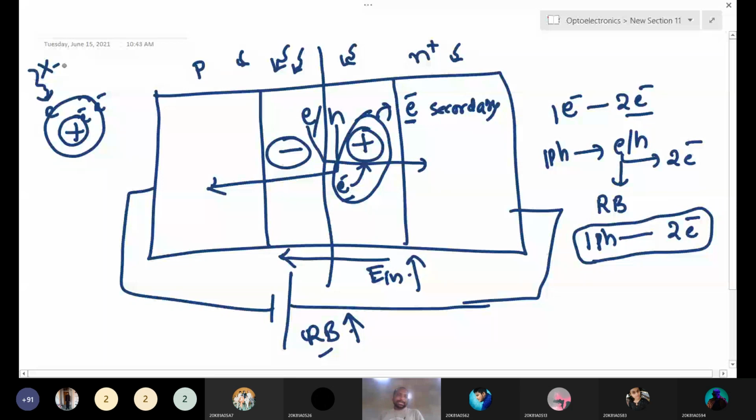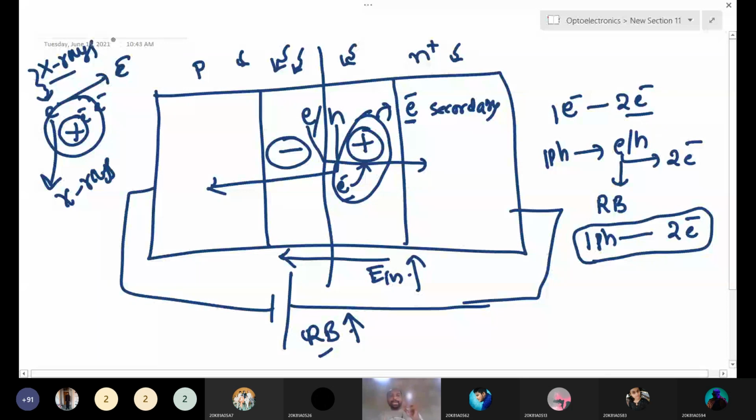So here X-rays mean high energy electrons. Using one electron, we are creating two electrons: we use one electron and eject one more extra electron. That is what this X-ray collision means.